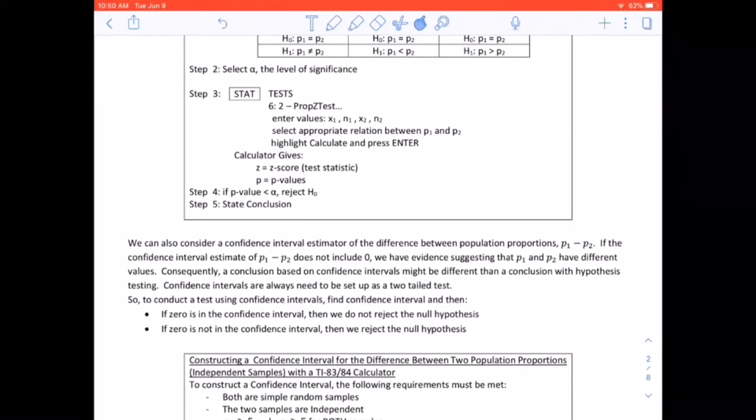We're going to enter the values x1, n1, x2, and n2. Be careful not to mix those up. Select the appropriate relation between P1 and P2 and calculate. There are two outputs that we need to really look at. Z, which is our z-score, which is our test statistic, and p, which is our p-value. If the p-value is less than alpha, we reject our null, and the last step would be to state our conclusion.